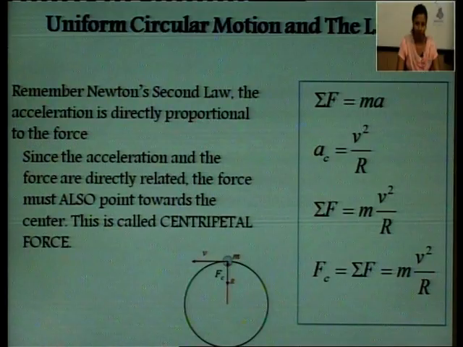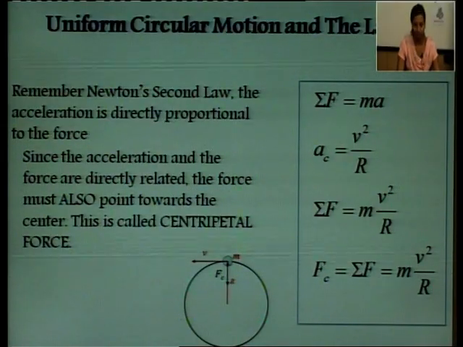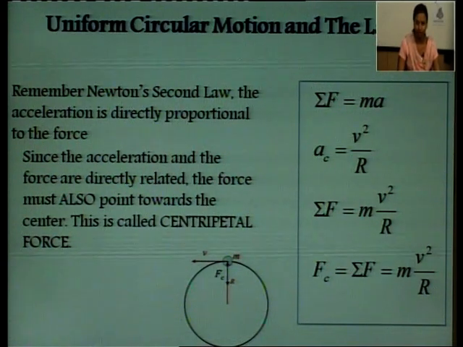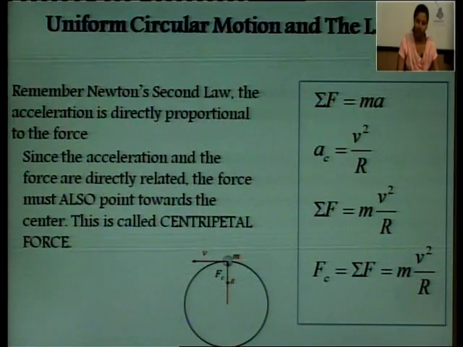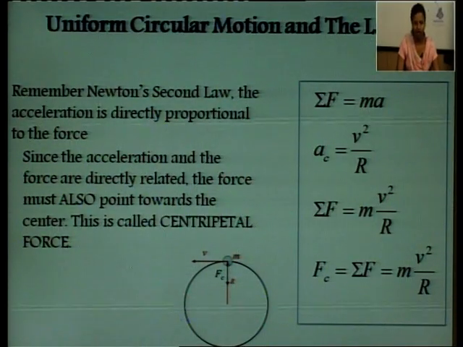According to Newton's second law, F, the total sum of forces, is equal to mass times acceleration, while the centripetal acceleration is v²/r. We already discussed that if the velocity increases, then centripetal acceleration also increases, and if the radius increases, then centripetal acceleration decreases.